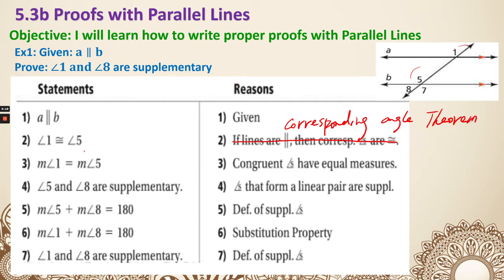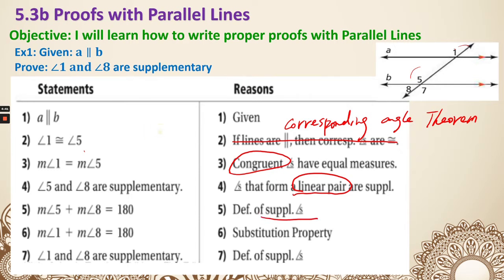Next, the measure of angle 1 and angle 5 are the same. That's the definition of congruence. Next, angle 5 and angle 8 are supplementary. That is because of the definition of linear pair. And since they are a linear pair, we can write the measure of angle 5 plus the measure of angle 8 is 180 degrees.